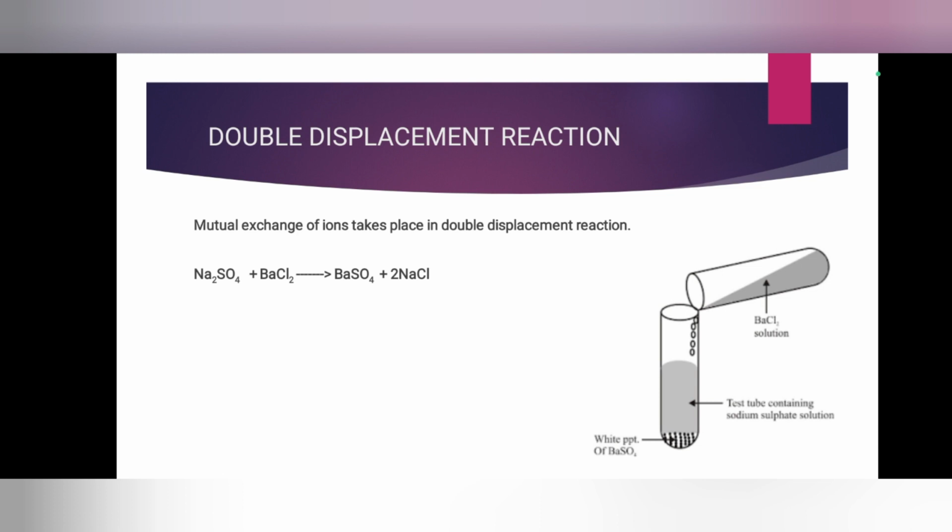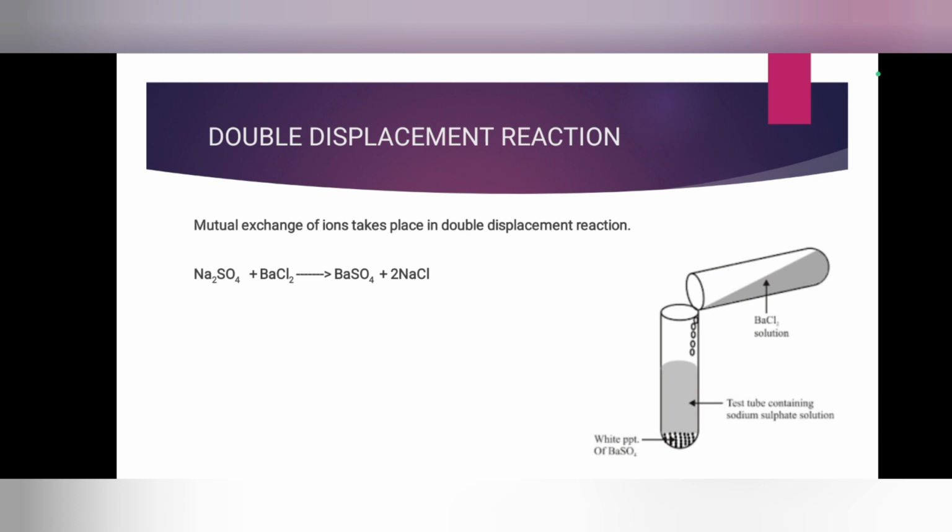Normally in the case of metals, we learn metals are positively charged since they lose electrons, whereas the substance which gains electrons becomes negatively charged. So sodium, as we know, is a metal. In sodium sulfate, sodium is positively charged, sulfate is negatively charged.